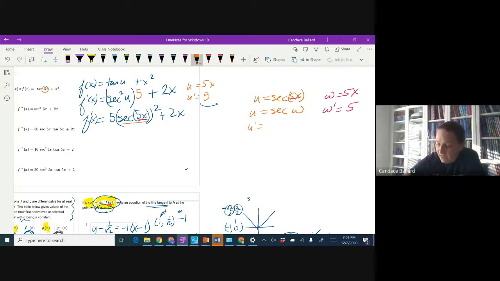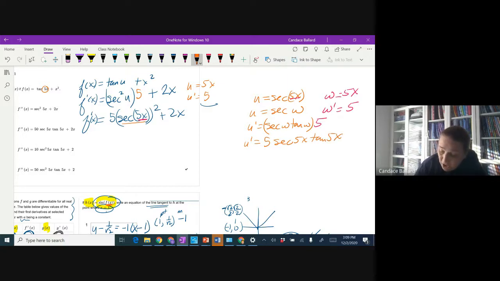Okay, secant tangent. So it is there. Good job. So we've got secant of w, tangent of w, and then I've got to multiply by the inside, which was 5. And then I'm going to rewrite it. So I'm going to put the 5 in front. I'm going to replace the w with 5x.